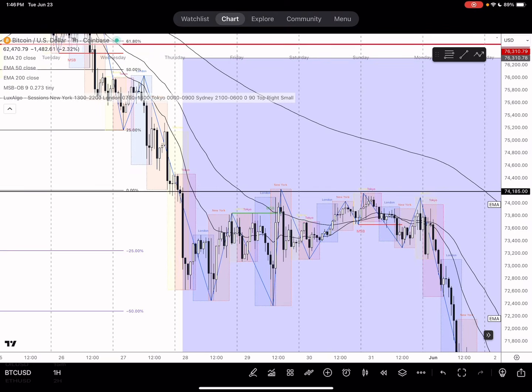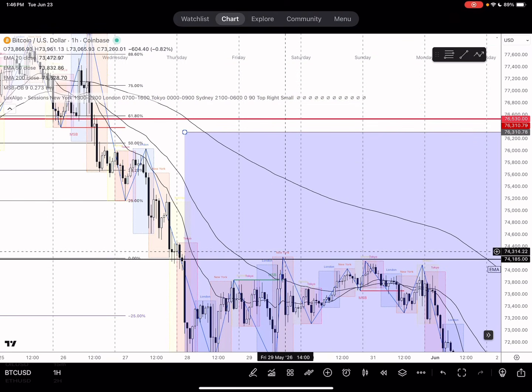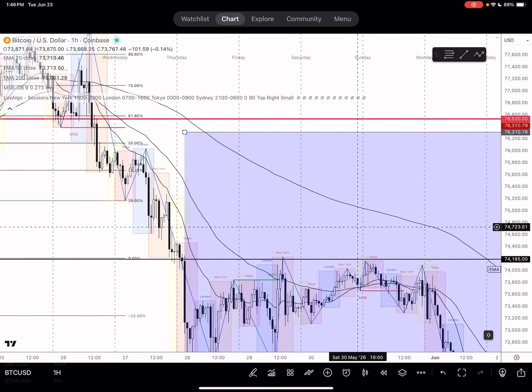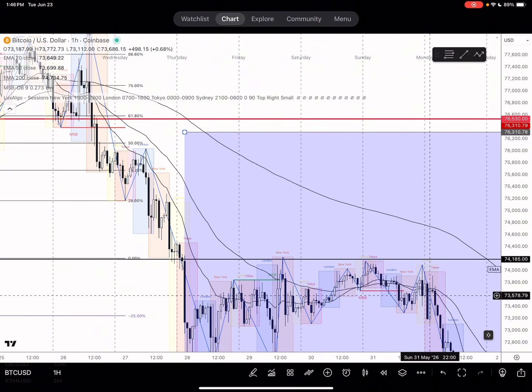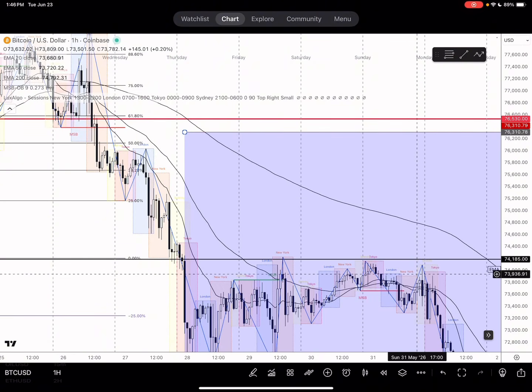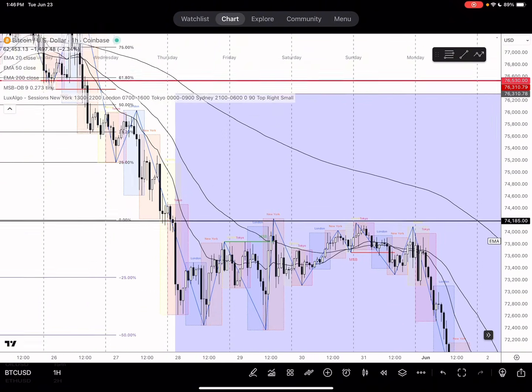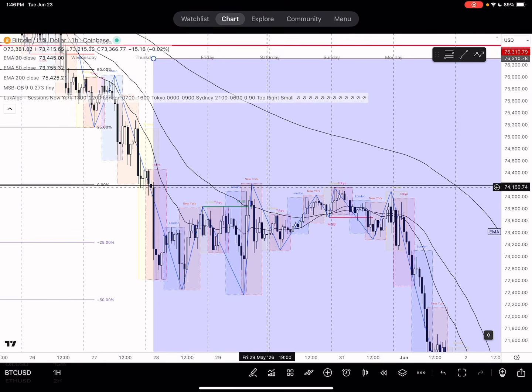That doesn't always happen. Sometimes you might get some spillover and price comes up a bit higher and then comes back below and closes below. So this was actually pretty nice that price just continued to maintain and respect this level of now newfound resistance.